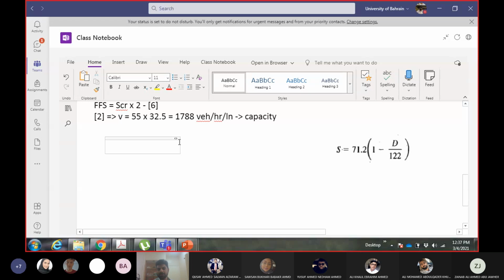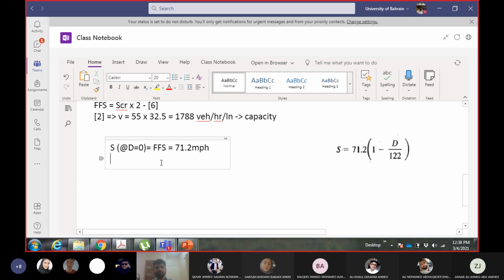Put density equals to 0, it will give you free flow speed. Tell me the value. 71.2.